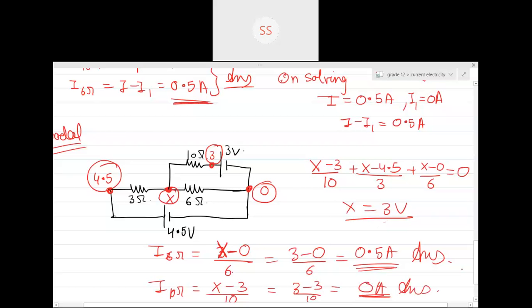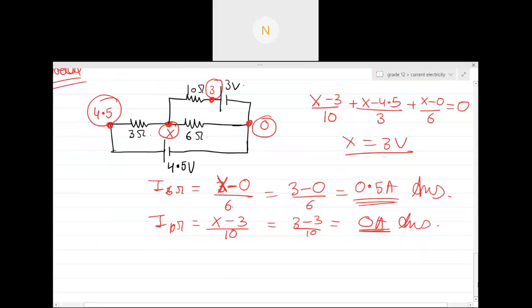Any doubt? Has anyone any doubt? No, sir. Let's do one question on capacitor.